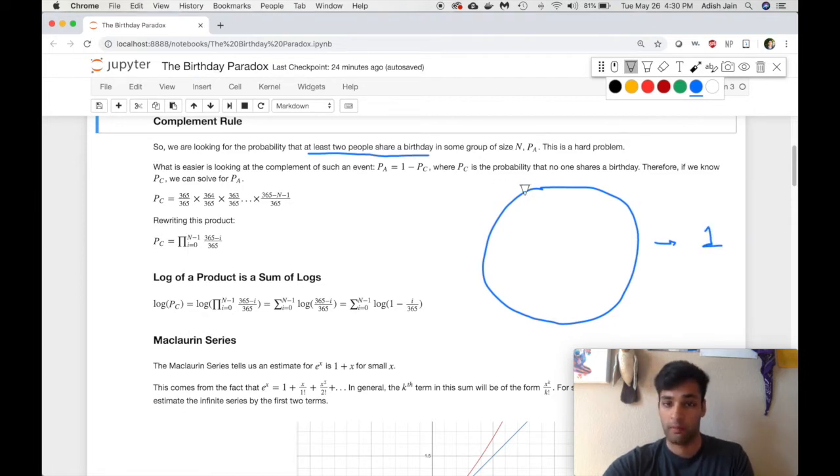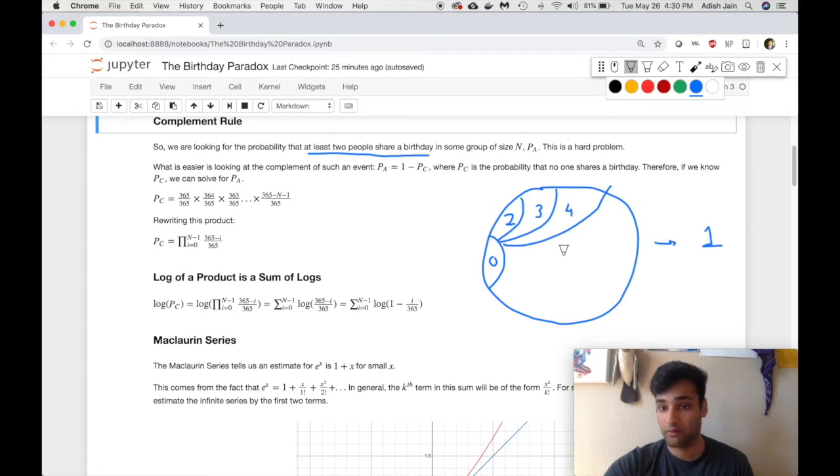So what we can think about is, okay, well, there's the probability that 0 people share a birthday, right? Then there's the probability that maybe 2 people share a birthday. 1 doesn't really work in this case, right? Then there's a probability that maybe 3 people share a birthday, or maybe 4 people share a birthday.